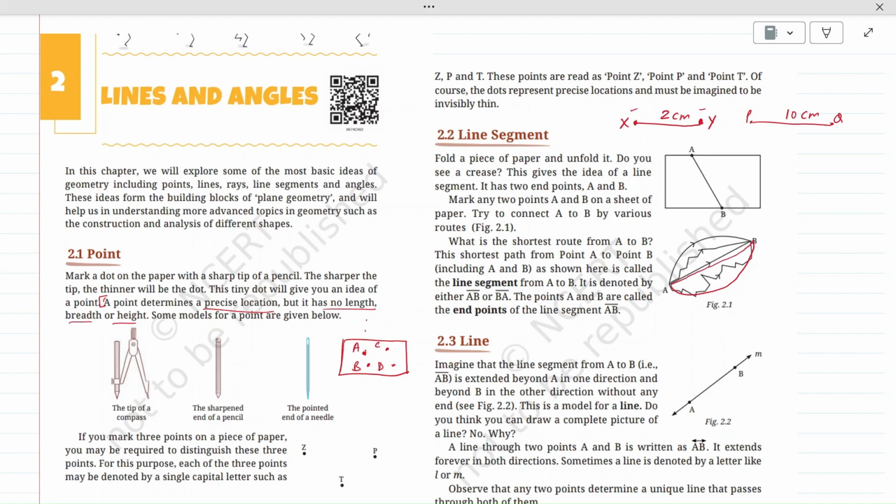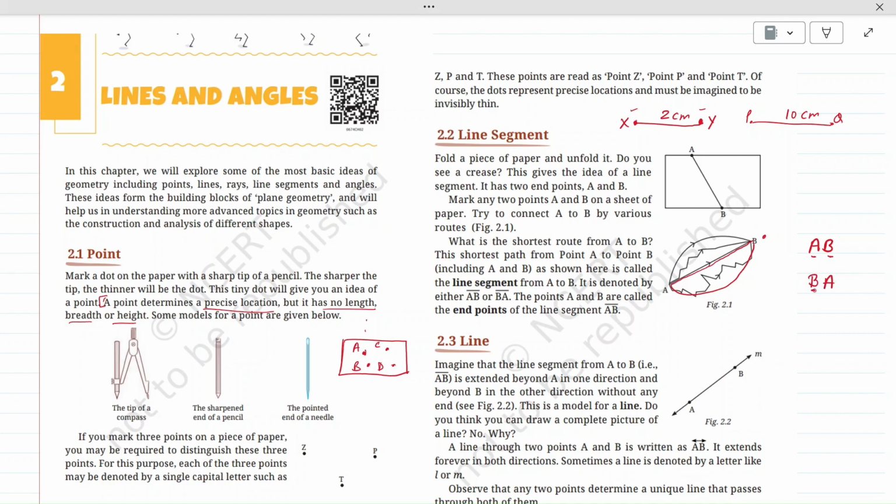I'm marking this one. This is the shortest path, and this is called a line segment. We call it the line segment from A to B because we are starting from A and going to B. So this is the line segment AB. I'm writing it here: this is line segment AB, where my starting point is A and my end point is B. If I am standing on B and from B I want to go to A, then I will write this as BA.